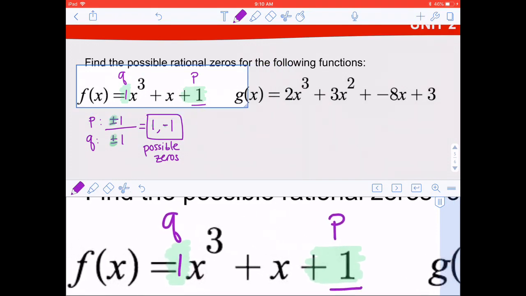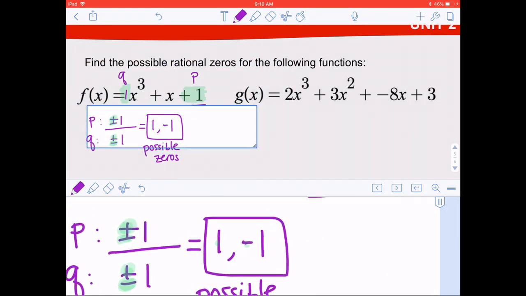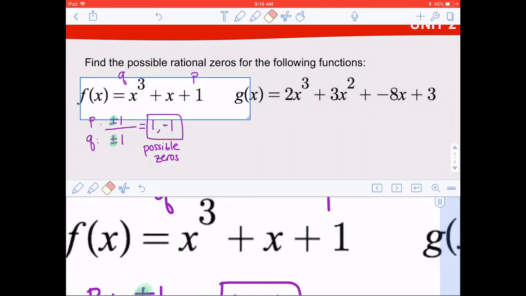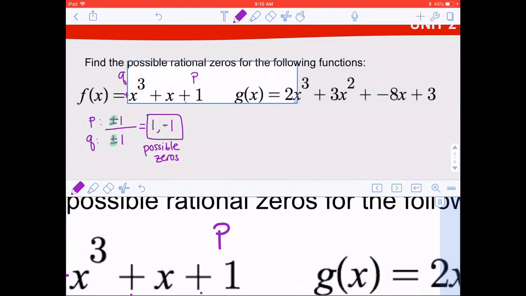We can also use Descartes' rule to decide how many positive and negative solutions we might have. So if I look here and I try and apply Descartes' rule for positive solutions, I see that these are all positive. So that means there's no sign change. That tells me that I'm not going to have any positive solutions.